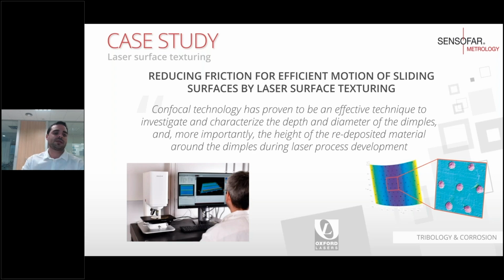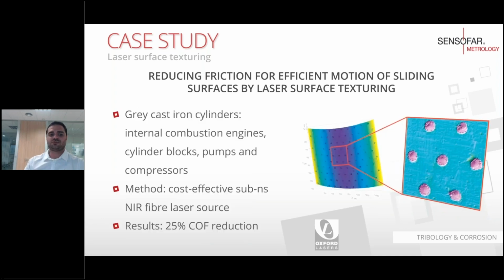So with the Sensofar system, they have been able to measure the depth, diameter, and also all the material that was redeposited around these dimples. After doing some iterations, they have arrived at a reduction of 25% of the coefficient of friction, which I think is quite impressive.